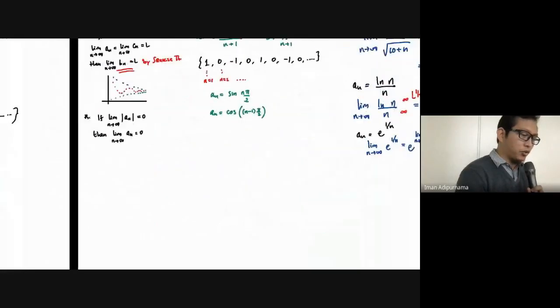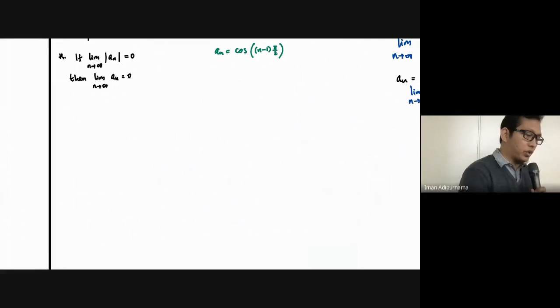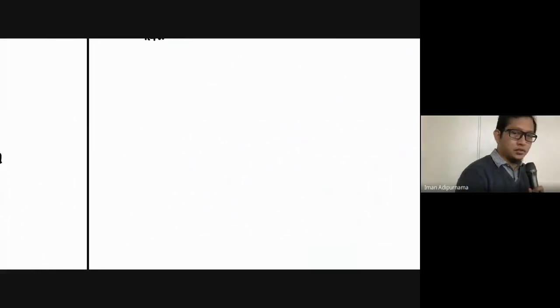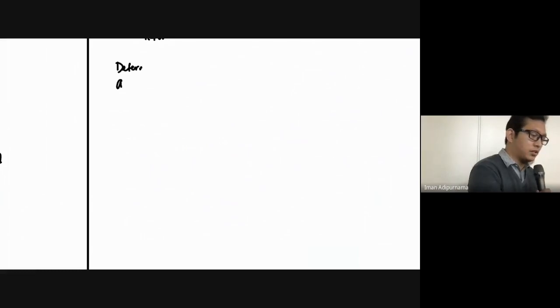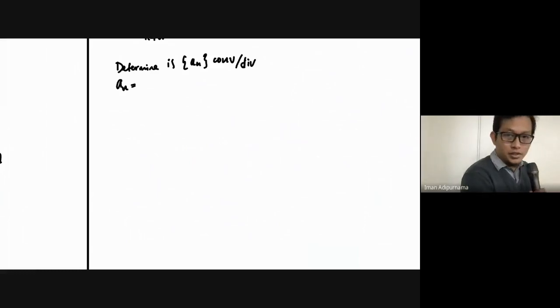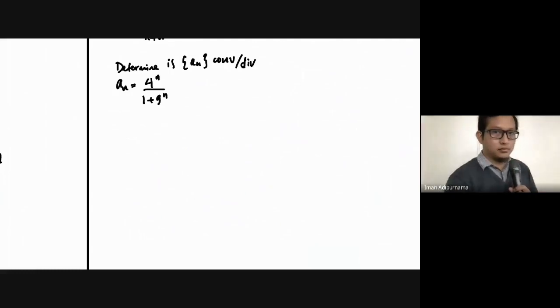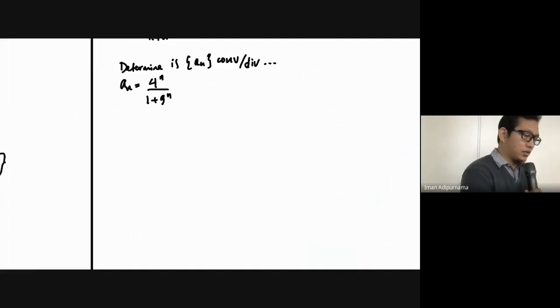Okay, let me give you maybe 2 more examples. And if you still have time, we can move on to the next sections. Determine if the sequence converges or diverges. So the first one is a_n equal, this is the first one.